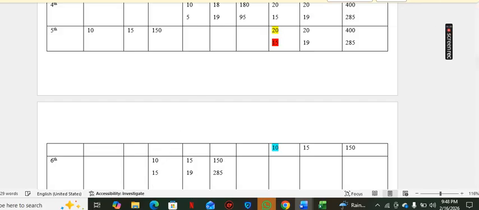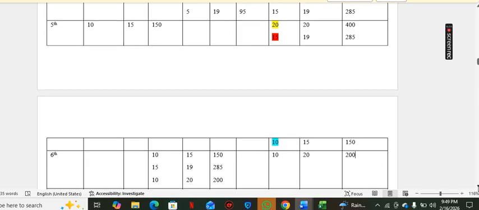So 10 valued at 20, which we're going to put as 200 here. So our balance, we're going to just remain with 10 units valued at 20 kwacha.